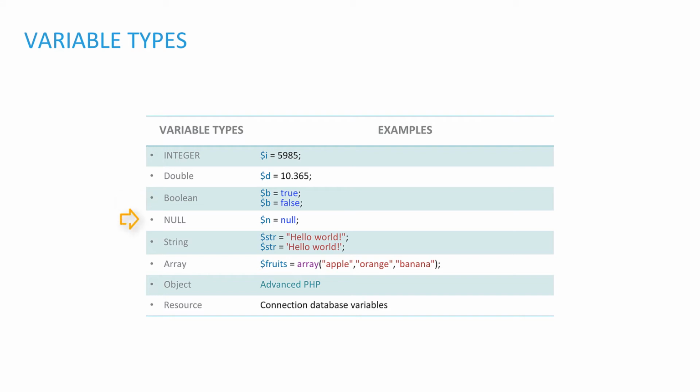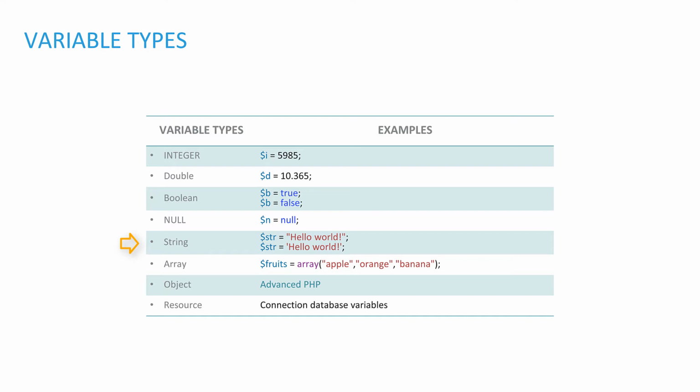Null value. This type is a special data type that only has one value, null, and a variable of data type null is a variable that has no value assigned to it. String type. This type is a sequence of characters like hello world between double quotes or single quotes.